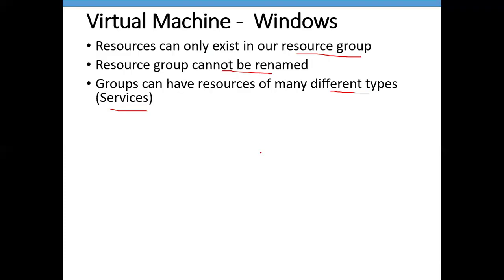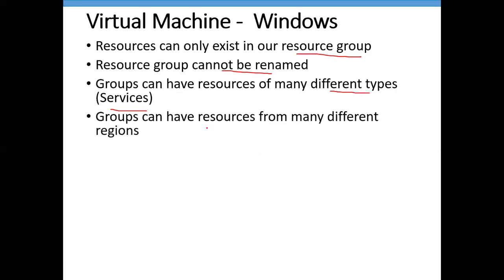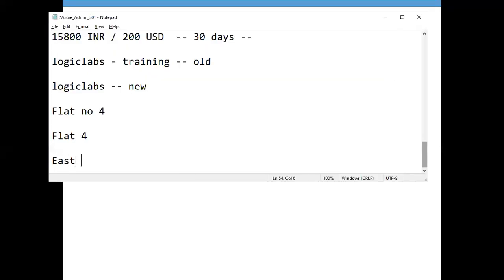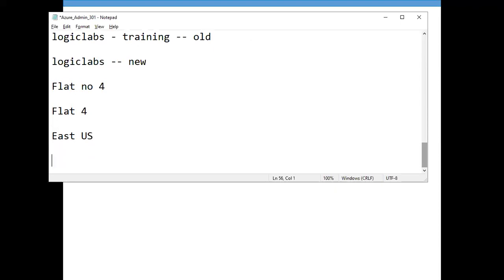Now, groups can have resources from many different regions also. Let's take an example: the resource group I have created in East US region, and the virtual machine which I'm going to create, I have created in Central India region. Is it possible? Can we do that?